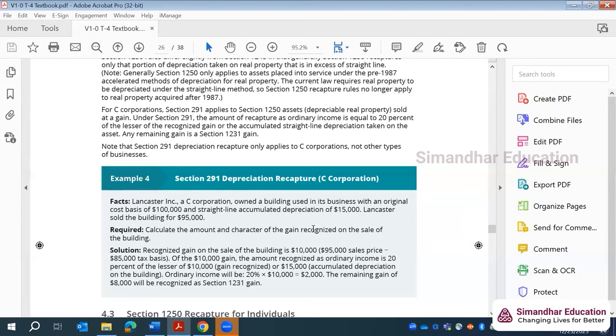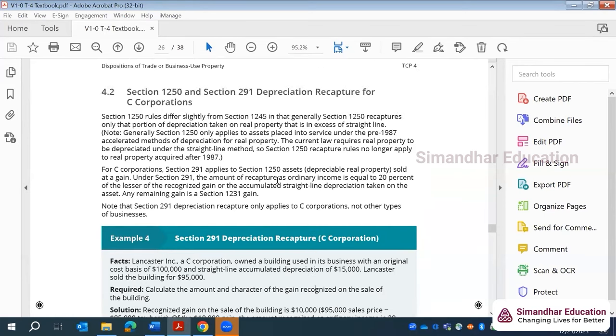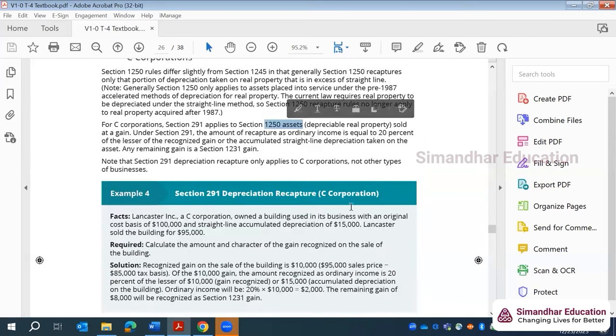So here, is the sale price over and above the original cost of the building? No, right? So the entire gain of $10,000 is because of the depreciation that you had taken on the building. But remember, here section 1250 will not be applicable because you had taken only straight line depreciation.